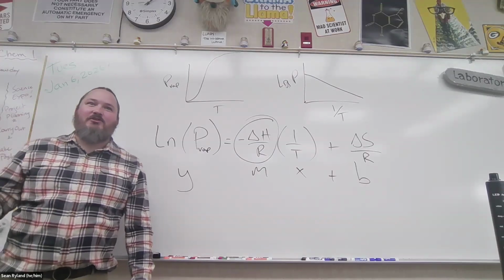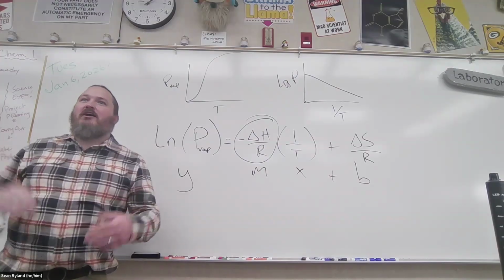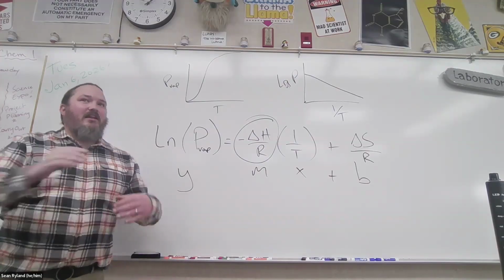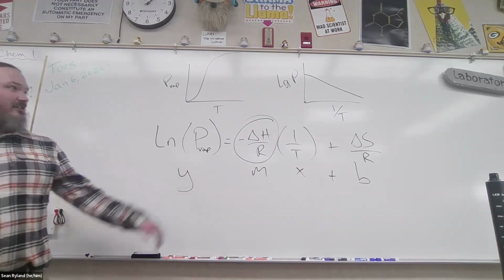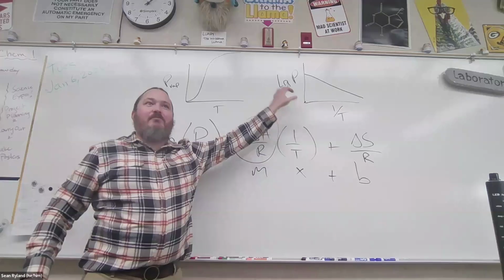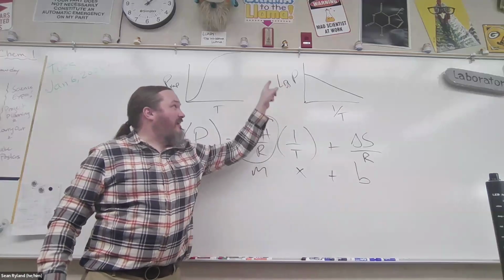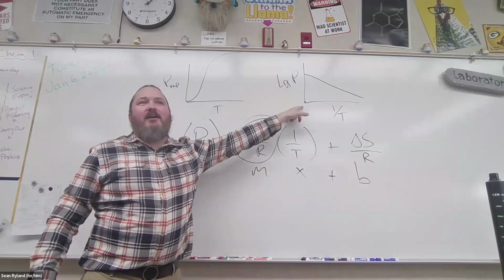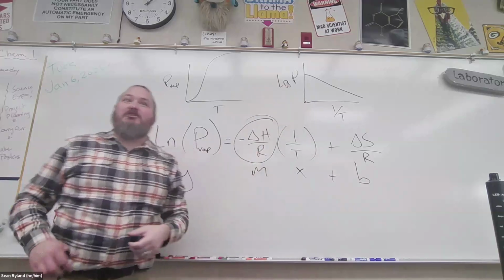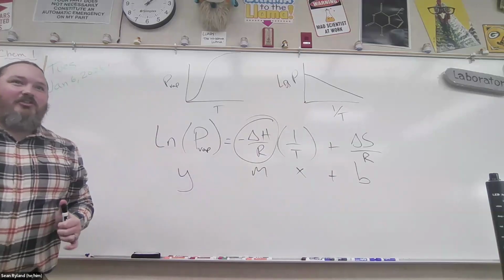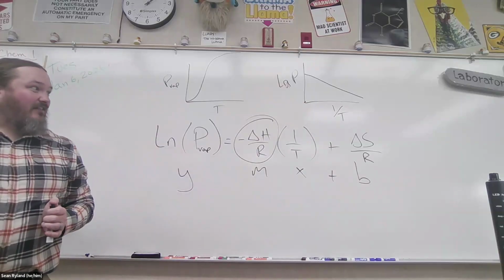Everything else that we talk about in chemistry is some sort of abstraction, some sort of connection upon a connection. This is one of my favorite examples because you can measure vapor pressure and you can measure temperature and you can get this graph and directly measure delta H, which is kind of cool. I remember thinking it was kind of cool the first time I got to do that lab.